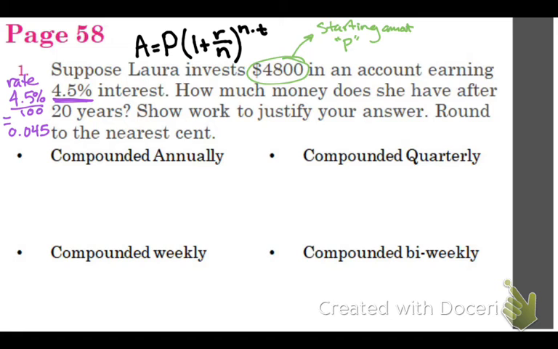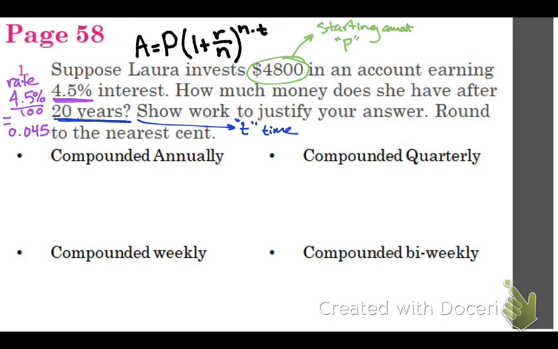What else does it tell us? What is it asking us? Time. How much time is passing? 20 years. So our time is going to be 20 years. How many times do you celebrate an anniversary?